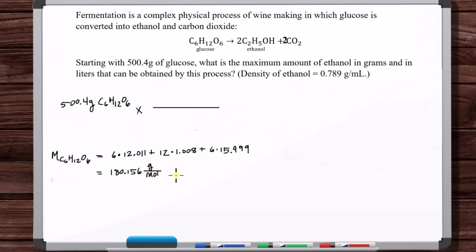Grams per mole. Grams of C6H12O6 per mole. Okay, so let's use this to convert to moles. So we've got 180.156 grams of C6H12O6 per mole.